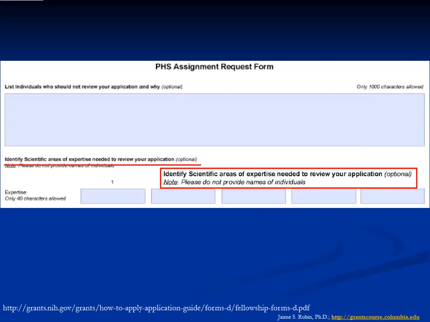You can drill down even further, and discussing this with your mentors, pick up to 5 different areas of expertise that you are requesting the reviewers have so that they can adequately review your grant application. This is to make sure that your grant ends up in the right place and in the right hands, all of which will increase your chances for success.